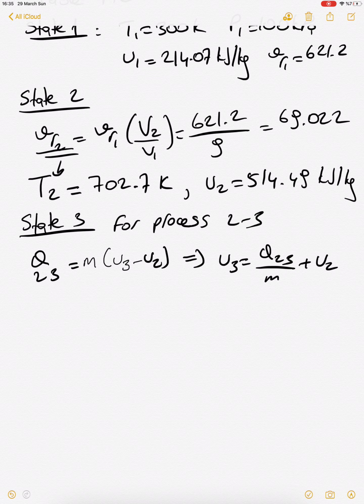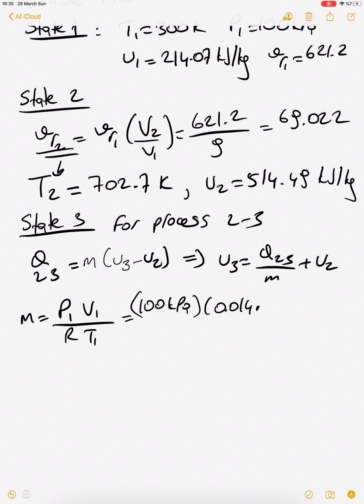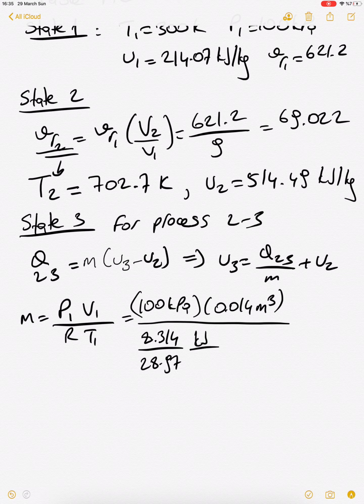How about mass? We need to calculate mass. Mass is equal to P1 V1 over R T1 from the ideal gas equation of state. This is 100 kilopascal multiplied by 0.014 meter cube divided by specific gas constant 8.314 over molecular weight 28.97 kilojoule per kilogram Kelvin multiplied by 300 Kelvin.